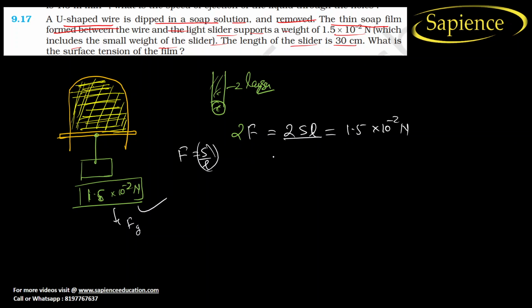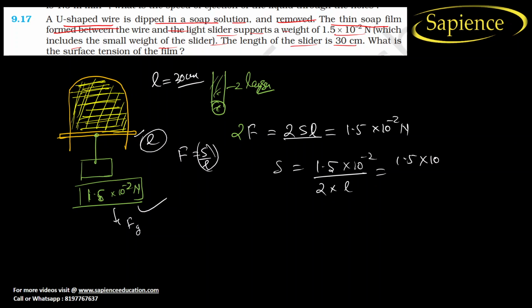From here, we want to find the surface tension. Surface tension will be 1.5 into 10 power minus 2 divided by 2 into length L. L is given as 30 centimeter, but it is better to take it in meter, so 30 into 10 power minus 2.